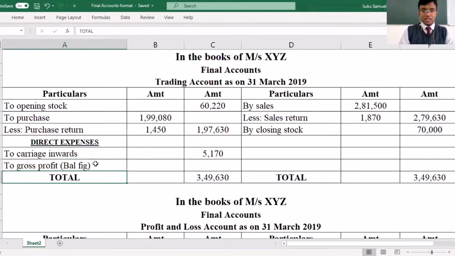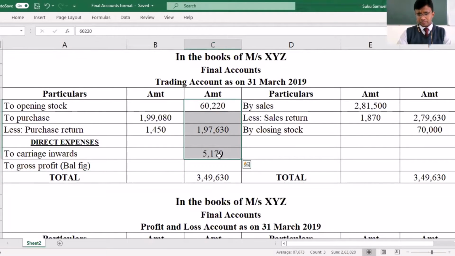Since the balancing figure is falling on the debit side, it will be referred to as gross profit. From 3,49,630, we will have to subtract the total which is here.